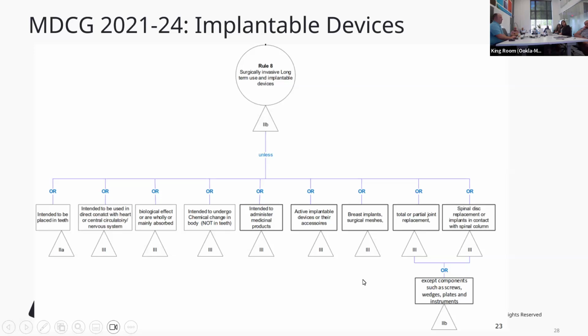Breast implants, class 3 because of the scandals. Also, your disc replacements or your joints, those are going to be class 3. But really pretty straightforward rules in terms of your implants. It's either pretty low risk or it's pretty high risk. These are usually pretty binary.